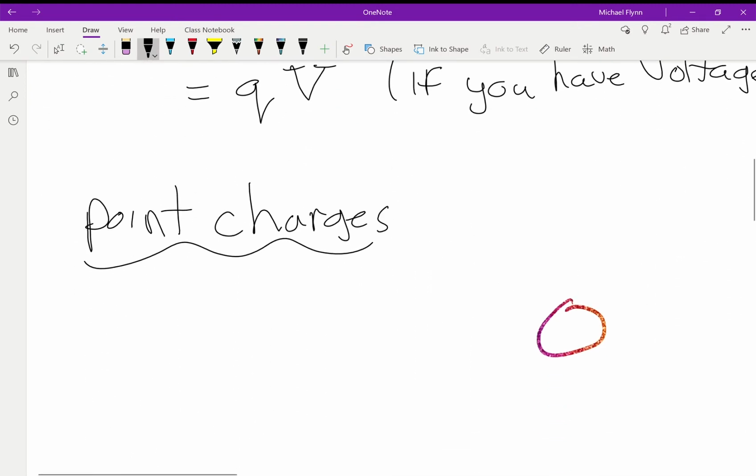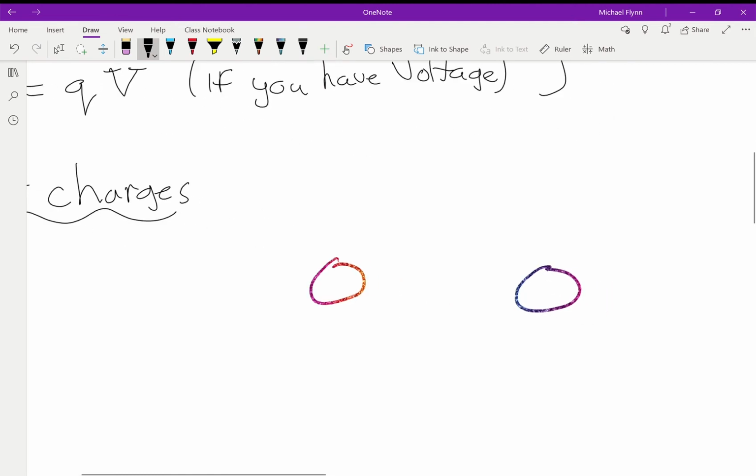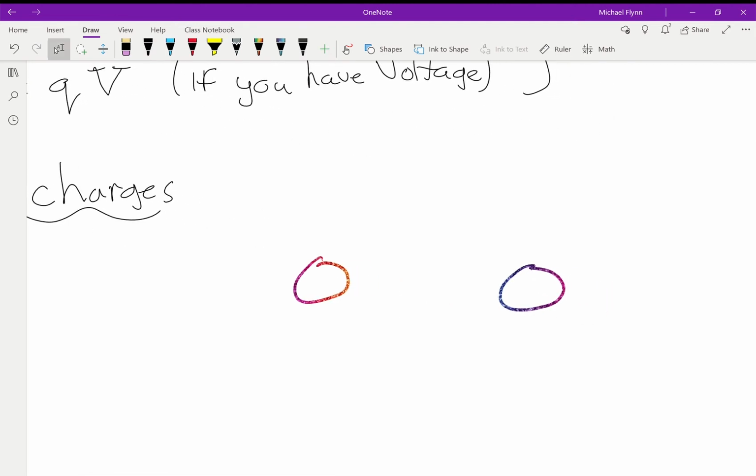Let's say you have two alpha particles sitting in the nucleus of an unstable large atom, and the distance between them is pretty close. Let's just say it's 1 times 10 to the negative 16 meters. That's r, the distance between them.